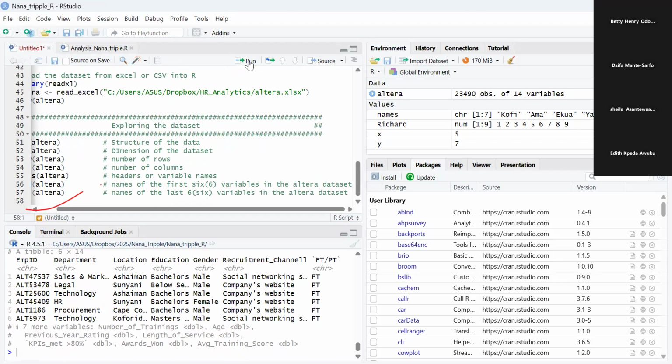So before you do this, you would have gotten a glimpse of the data. For example, I know that the employee with this index number 1ALT1186 is in the procurement department. That person lives at Cape Coast. He holds a bachelor's, is a male, and was recruited through the company website. He's a part-timer.